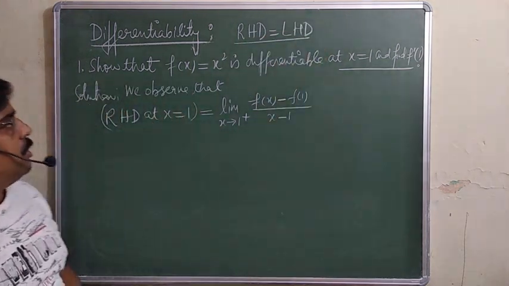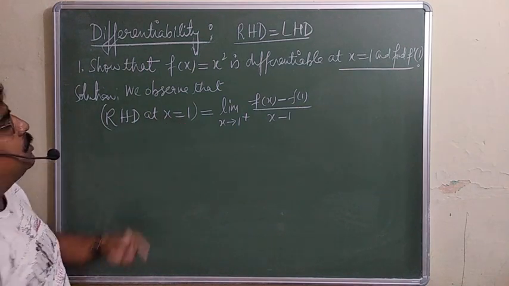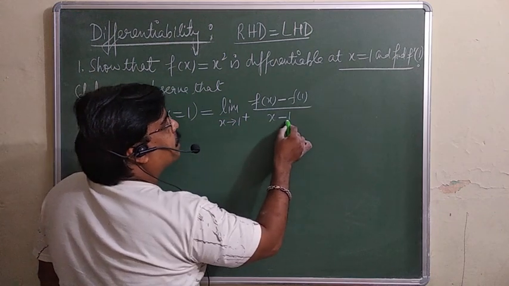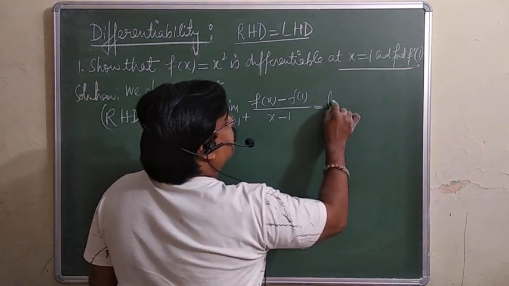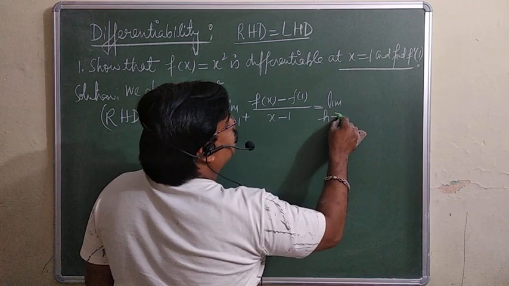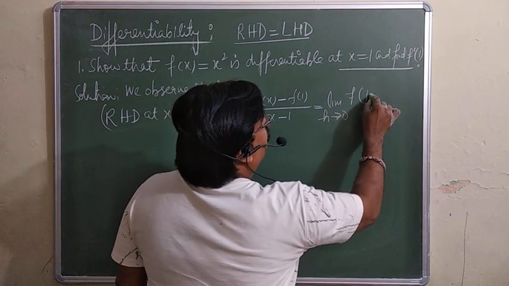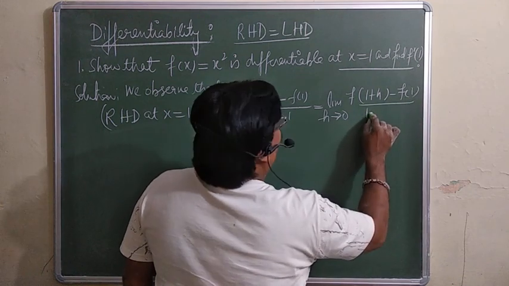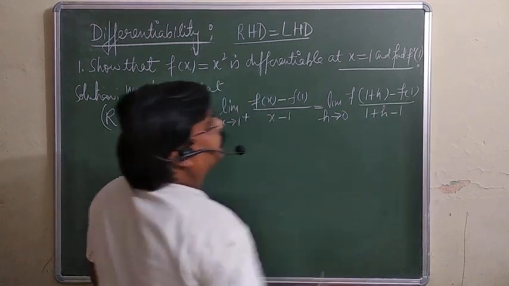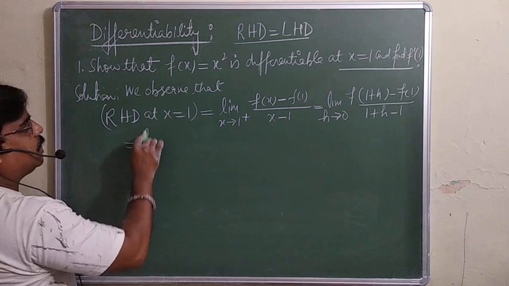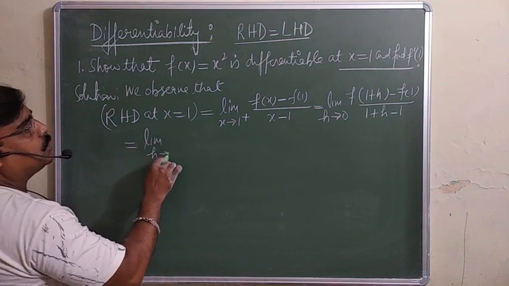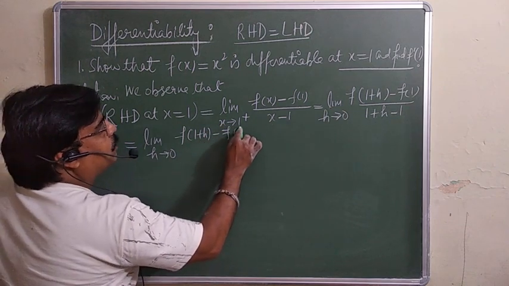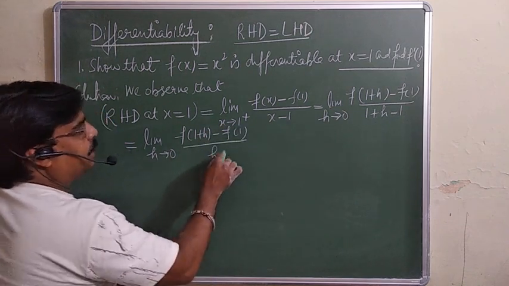So the right hand derivative at x equals 1 is limit x tends to 1 plus of fx minus f1 over x minus 1, which can be written as limit h tends to 0 of f of 1 plus h minus f1 over 1 plus h minus 1. So finally you get limit h tends to 0 of f of 1 plus h minus f1 over h.